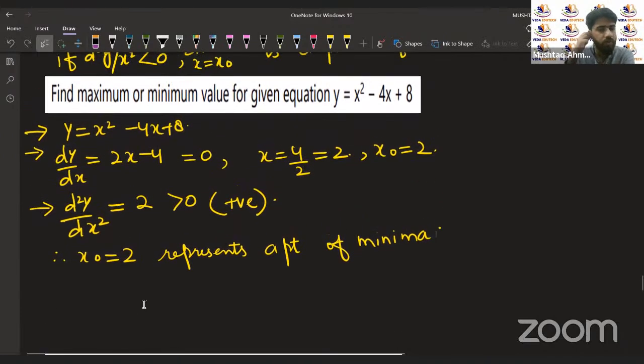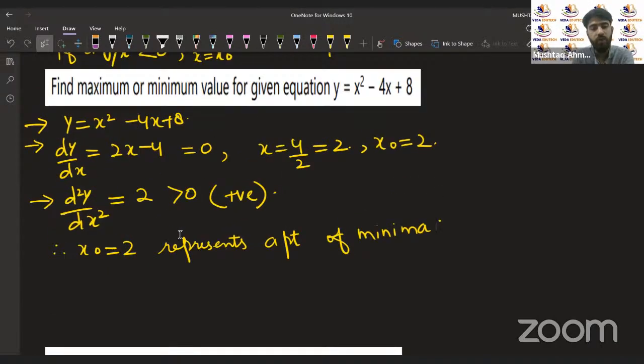There is only one solution at which dy by dx is 0, so it represents a point of minima. We will get to know about the minimum value.